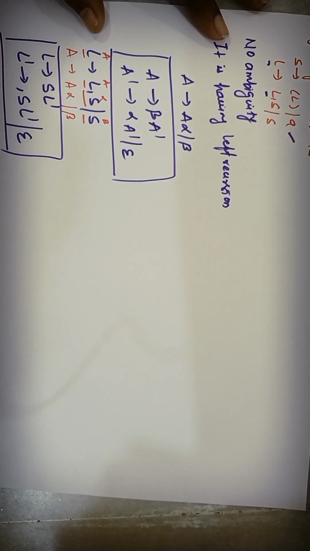And L dash becomes alpha, alpha here being comma S, then L dash, or epsilon. This is the newly generated grammar without left recursion.